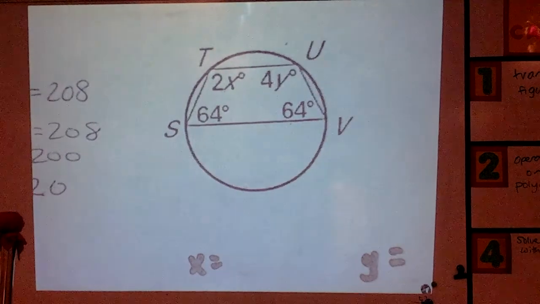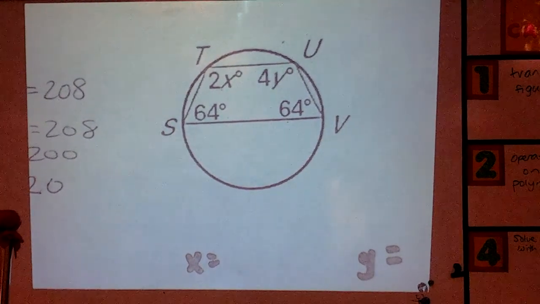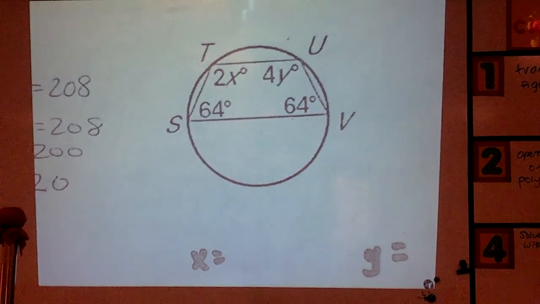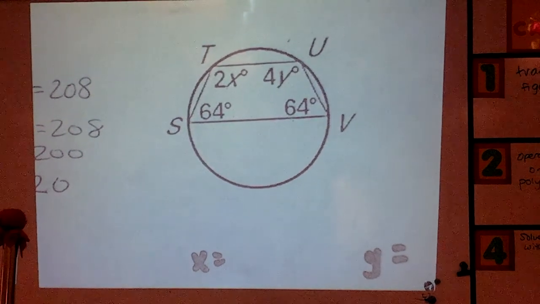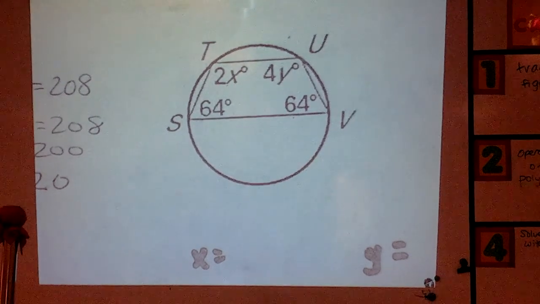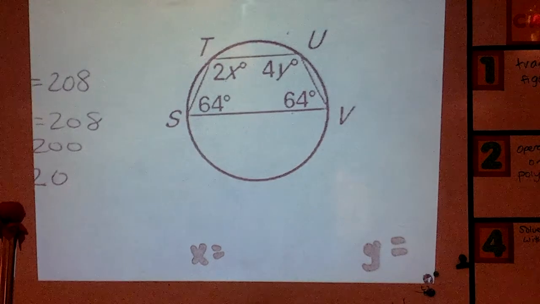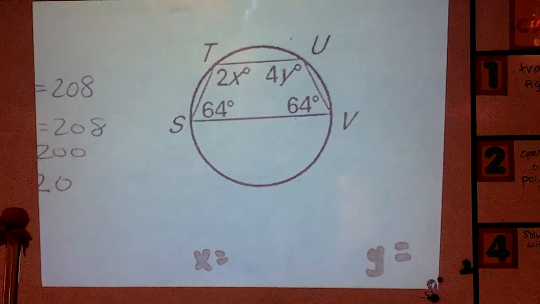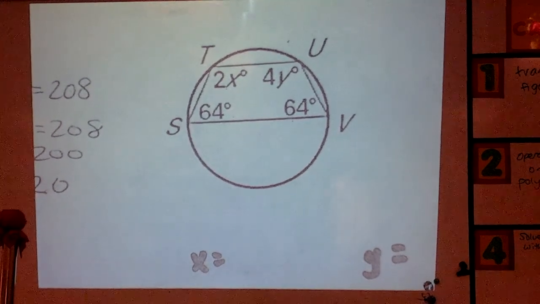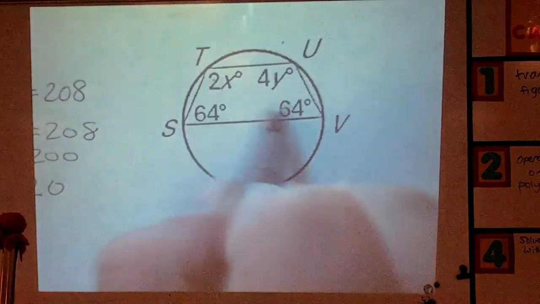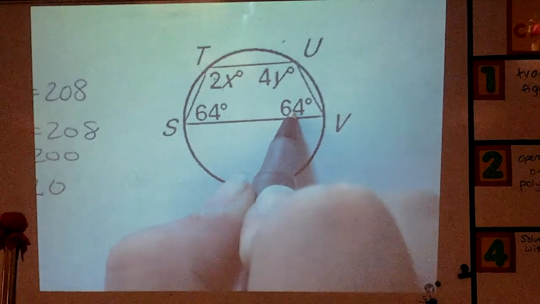This was, by far, the most commonly missed problem on here. So everyone needs to focus on this one. Most people were solving this as if the opposite angles were equal, but what did we hammer in today? The opposite angles of a quadrilateral in a circle are supplementary. So what does that mean? It means the opposite angles are going to add to 180.